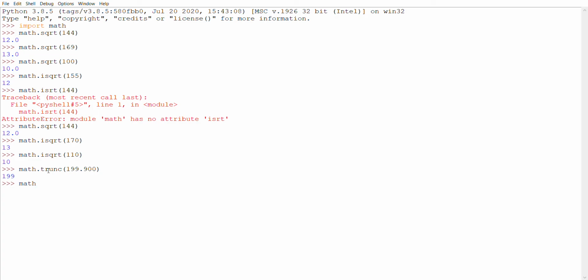Now go with another example with a negative number also, minus 199.9990. It will return minus 199. Let's check it one more time. It will remove all the decimal values after the dot.